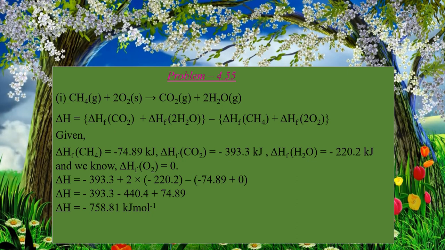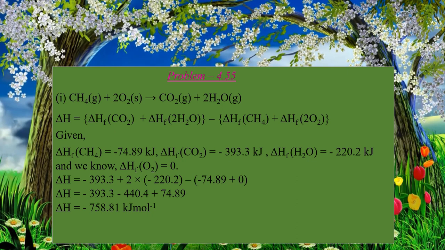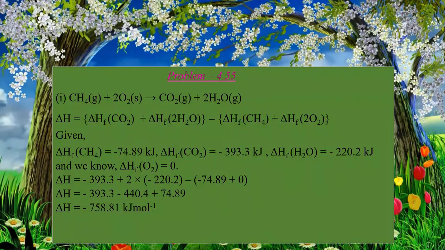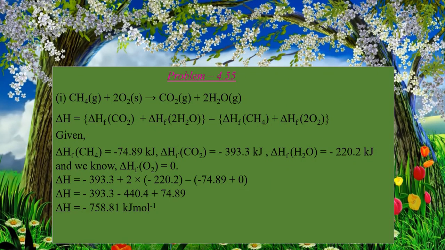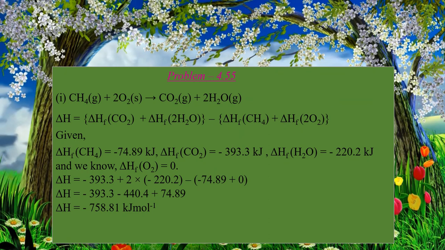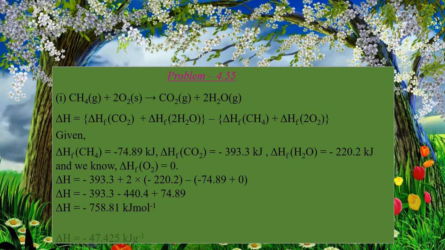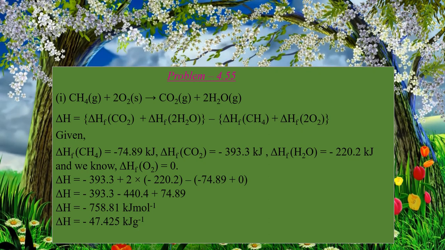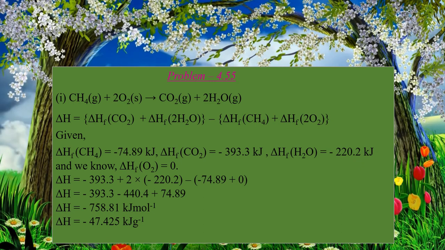But to calculate the efficiency of fuel, we have to calculate the heat energy produced from 1 gram of fuel. So minus 758.81 kilojoule per mole, 16 gram methane produces 758.81 kilojoule heat. That means 1 gram methane produces, if we divide it by 16, minus 47.425 kilojoule per gram.